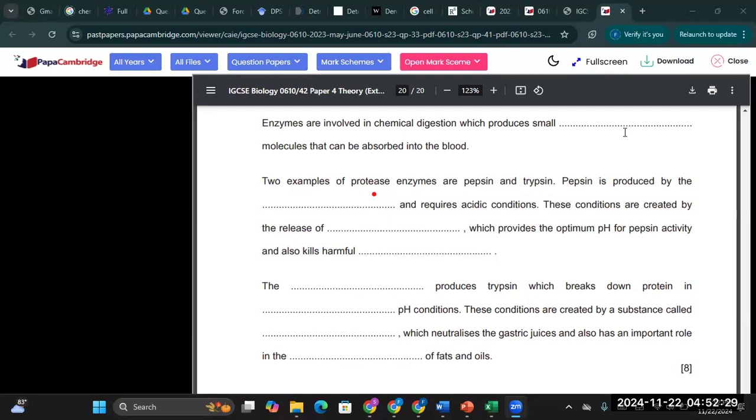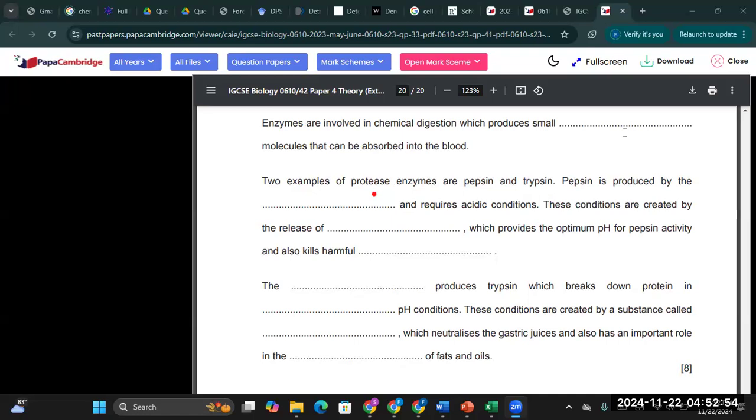Starch is not soluble in water, so our body cannot absorb it because our blood is mostly water. The main reason we break it down into smaller particles is not just to decrease the size, but also to make them soluble so that they will dissolve in the water and be absorbed into our blood.